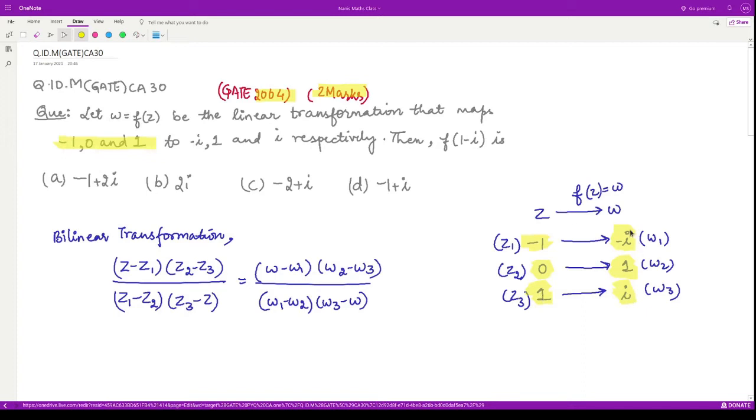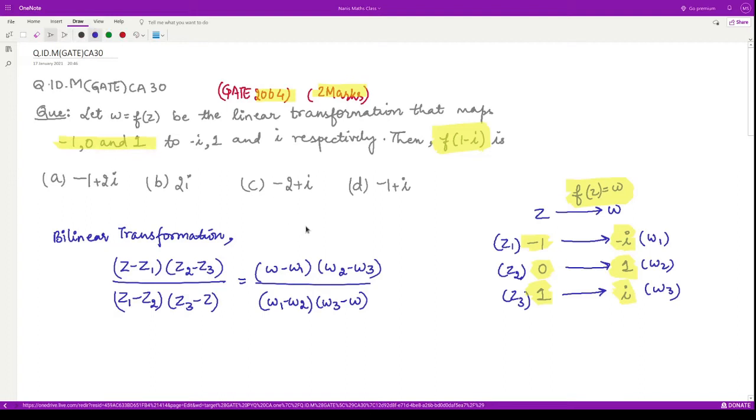So these 3 points are mapped to these 3 points. Let us call them z1, z2, z3 in the z plane and w1, w2, w3 in the w plane. And if the transformation is defined like this, then they are asking what is the value of f of 1 minus iota. So we have to determine this particular value.